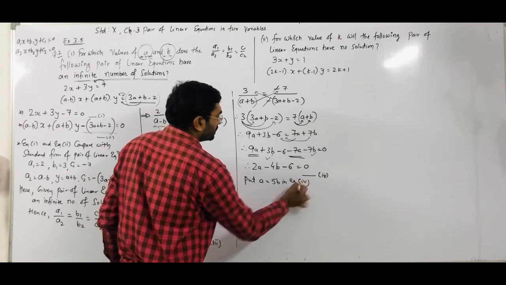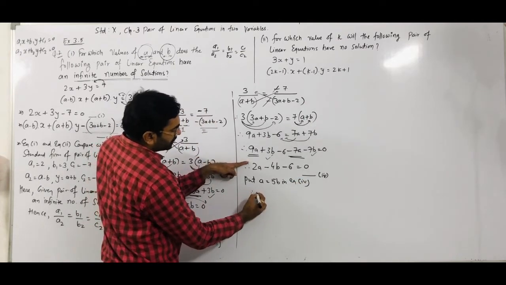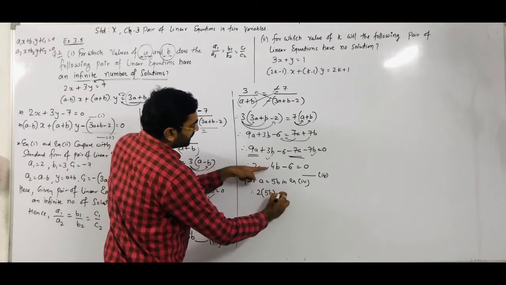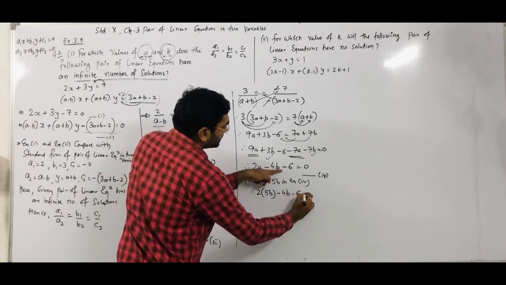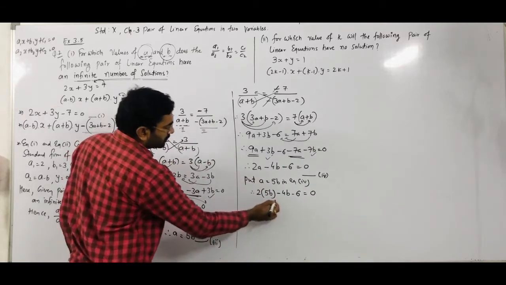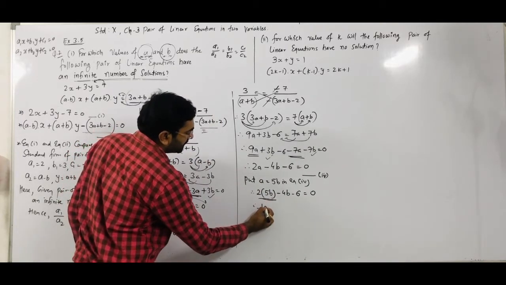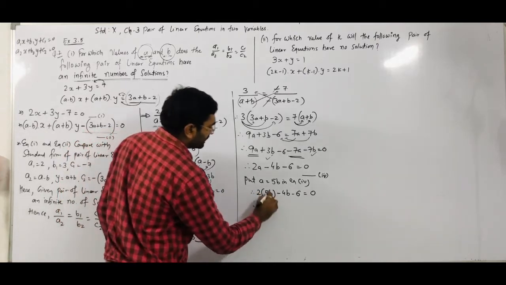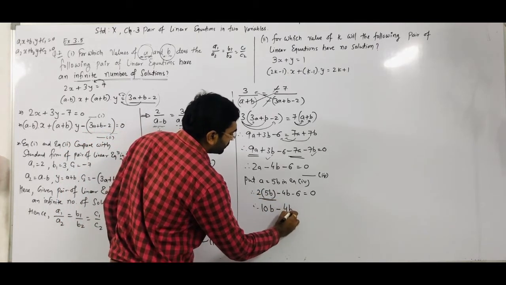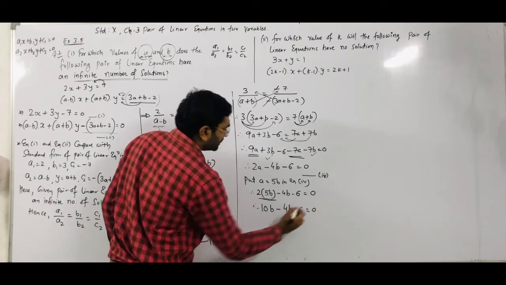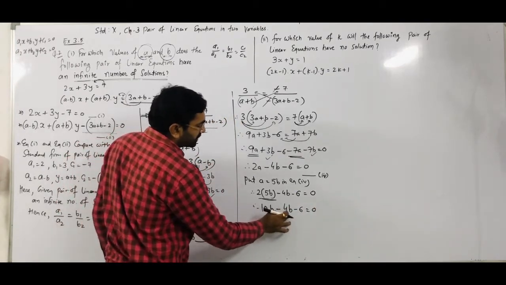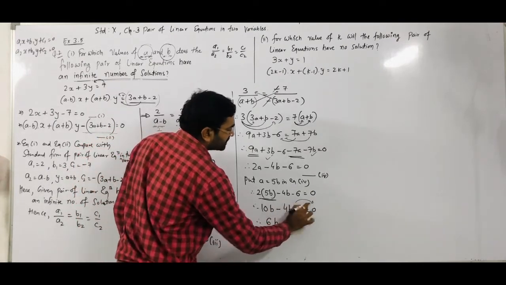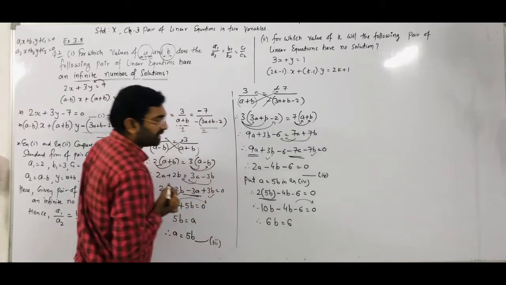We get 2 times 5b minus 4b minus 6 is equal to 0. So 2 times 5b means 10b, since 2 fives are 10, minus 4b minus 6 is equal to 0. 10b minus 4b gives 6b, and then minus 6 goes to the right hand side, so we get plus 6.